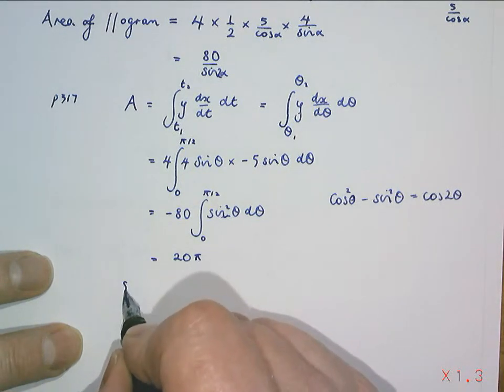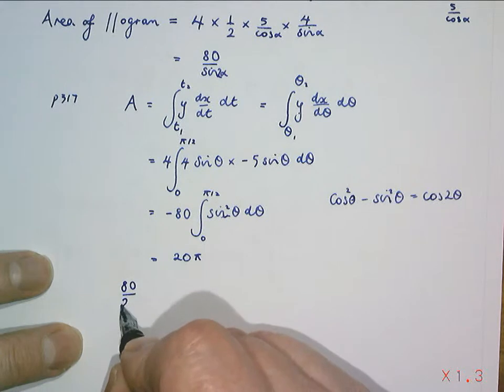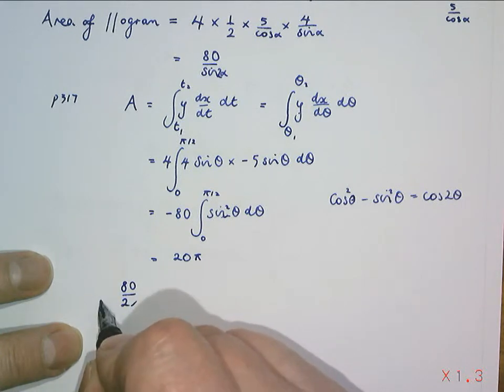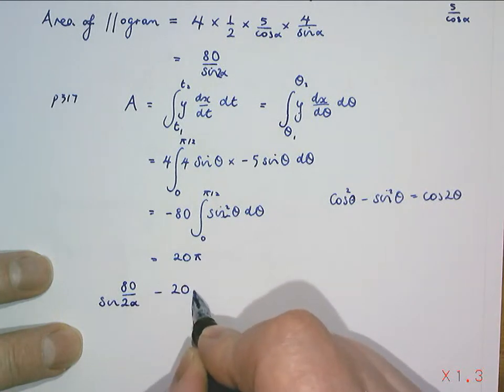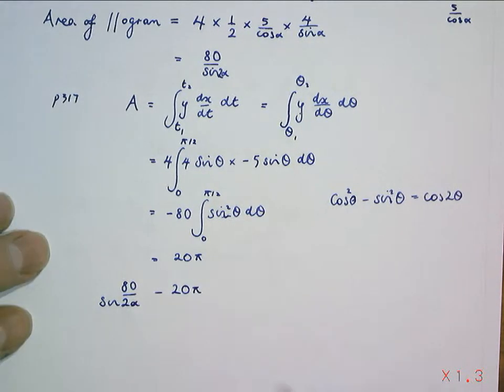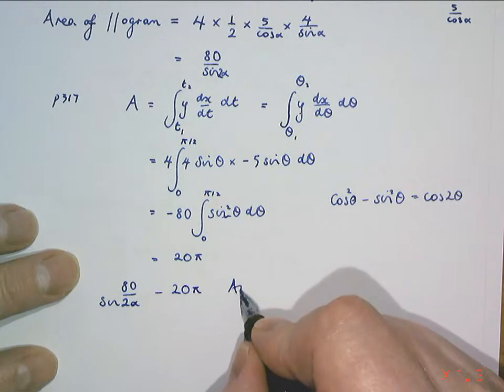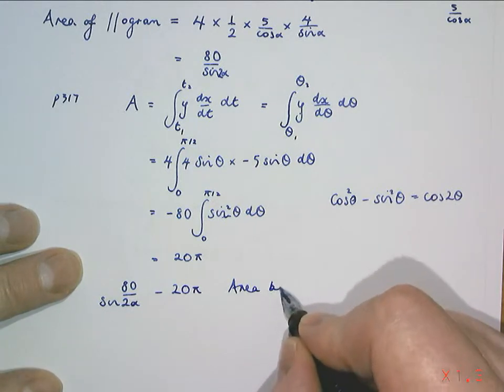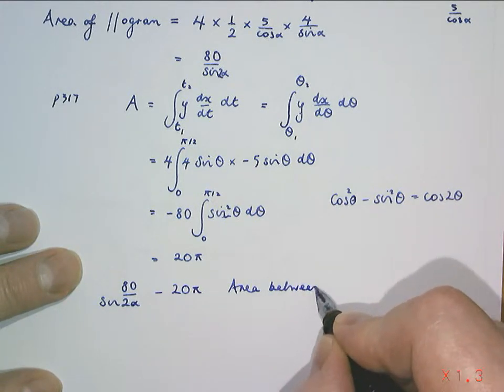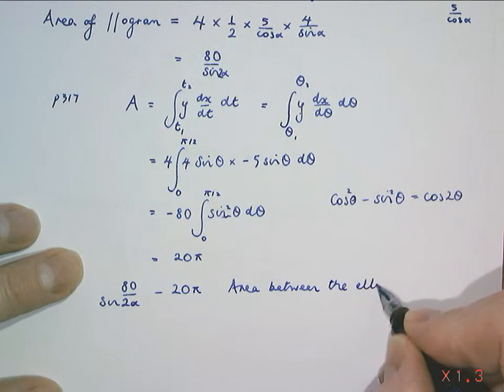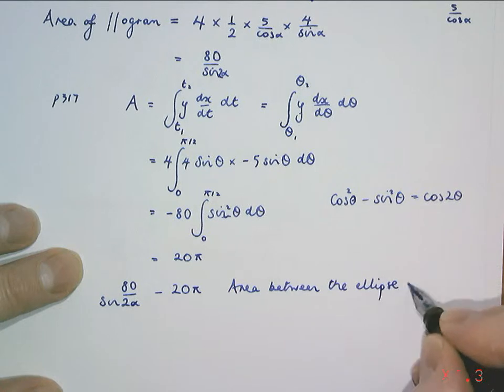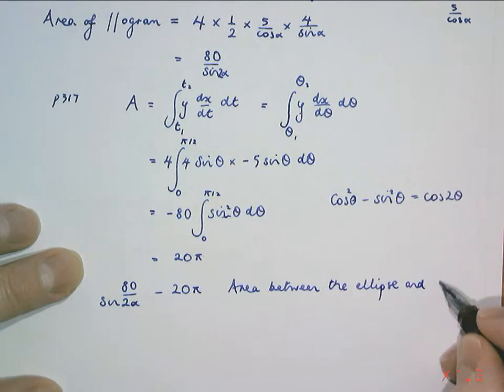It's going to be 80 over sine 2 alpha minus 20 pi. And that's the area between the ellipse and parallelogram.